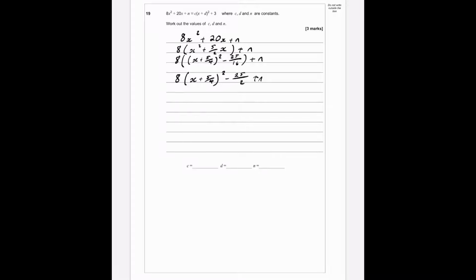Plus n. And that's equivalent to, it tells us in the question, c lots of x plus d squared plus 3. And we can read off that c must be 8 and that d must be 5 over 4. And all that remains is for us to find n.